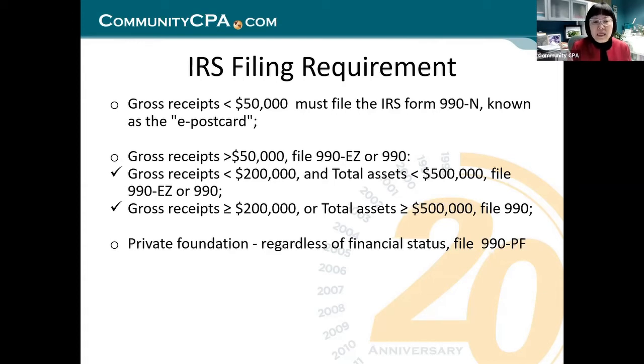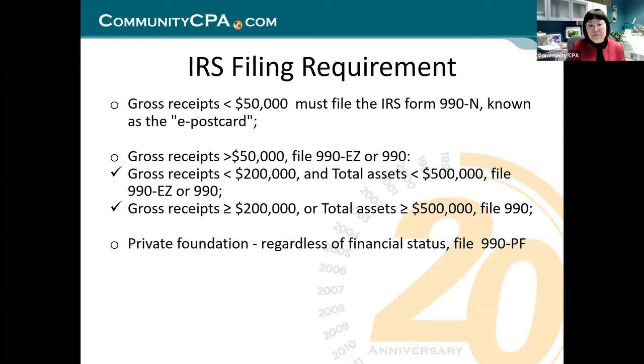But if gross receipts are over 200,000, or your total assets are over 500,000 — sometimes you didn't get a lot of gross receipts, but someone donated you a building, and the value of the asset is over 500,000 — then you are required to file 990, okay?